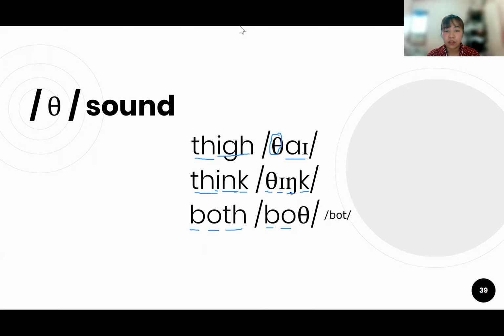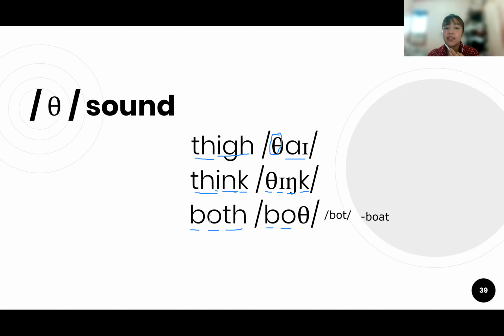Okay, sorry, this is wrong. So for example, both, this is how you transcribe your word both, right? Both. So your TH there, if you listen, both is different from boat and this transcription here. If this is your transcription, you mean to say bot. So bot is different from both.